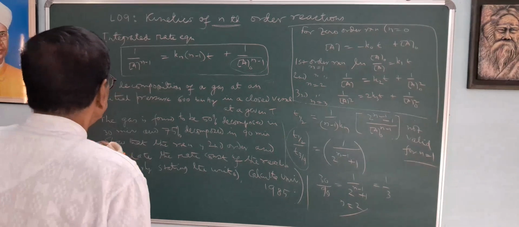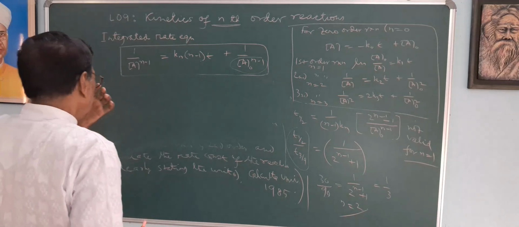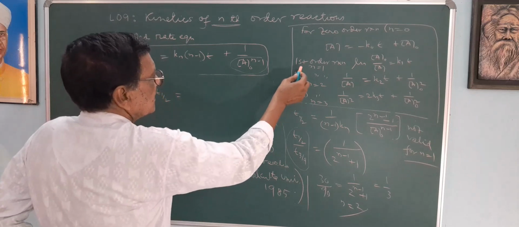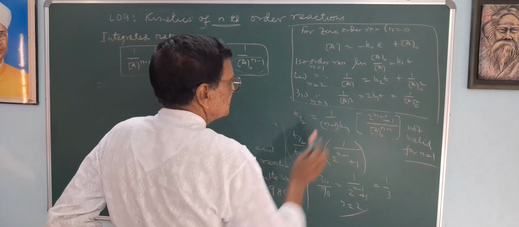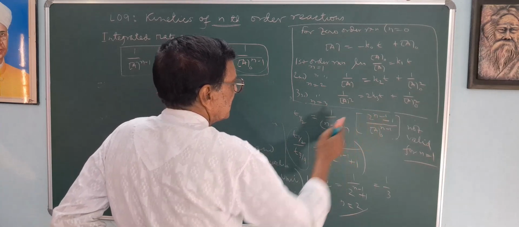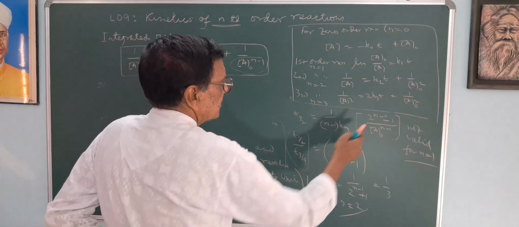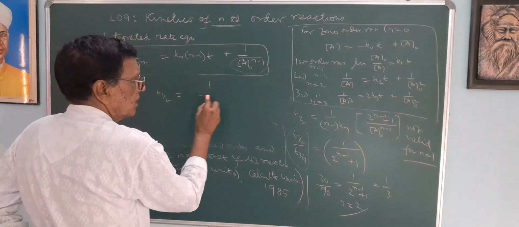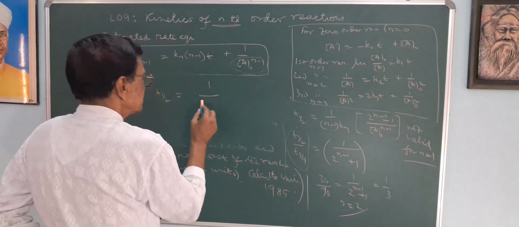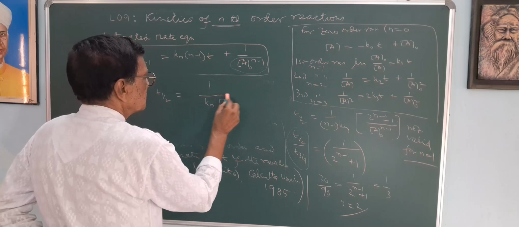The half-life period, T half, for this second order reaction: putting n equal to 2, it is 2 to the power n minus 1 minus 1, so 1 by Kn and concentration of A naught.